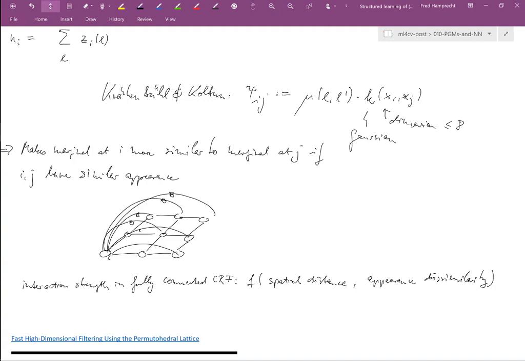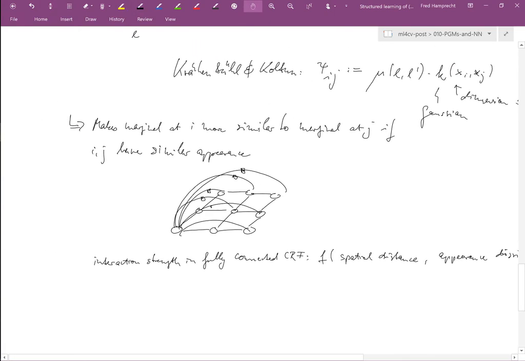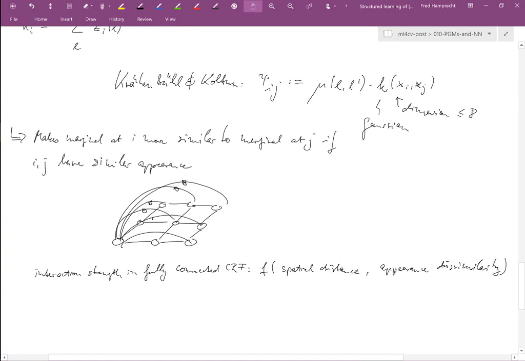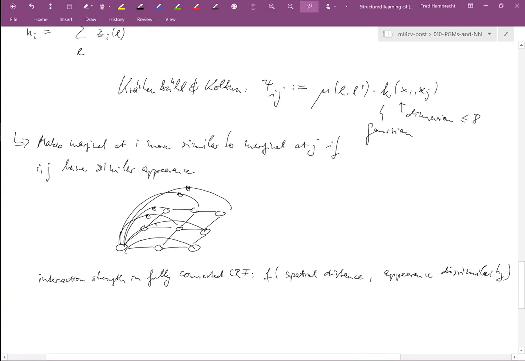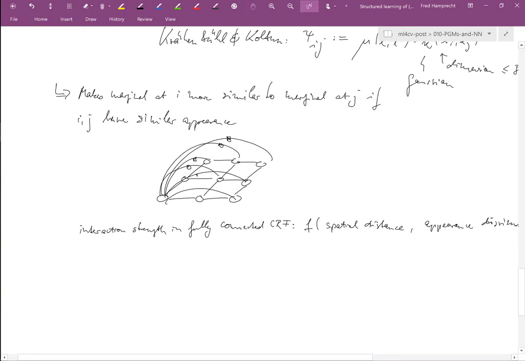And now such a fully connected CRF, it looks like inference in there should be very hard, which is maybe why people hadn't thought about this so much previously. But if this interaction modulation is of a Gaussian type, then this whole thing can be implemented efficiently. And this has a close relation to a low-level operator from image processing called bilateral filter.